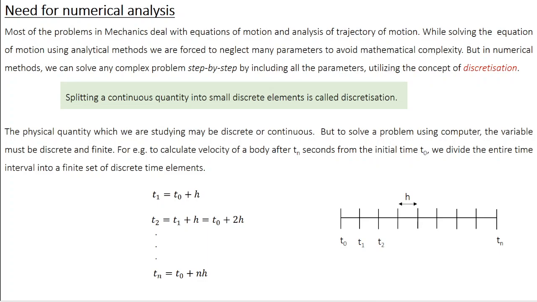So the fundamental idea behind numerical analysis is the concept of discretization. Discretization means splitting a continuous quantity into small discrete elements. So if you remember numerical integration, we have a huge range over which we need to perform integration.